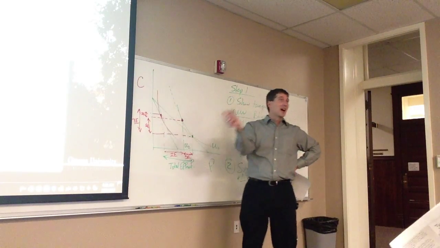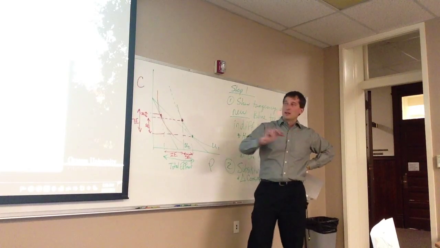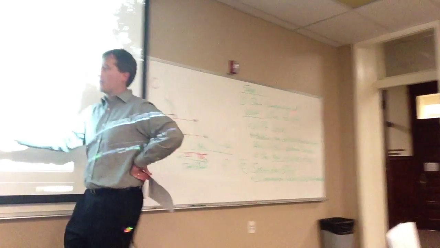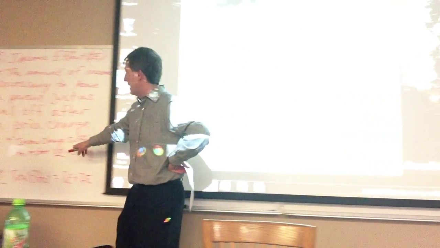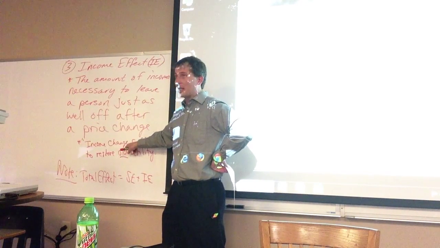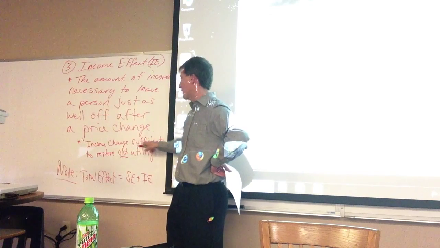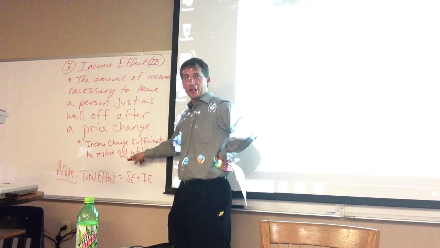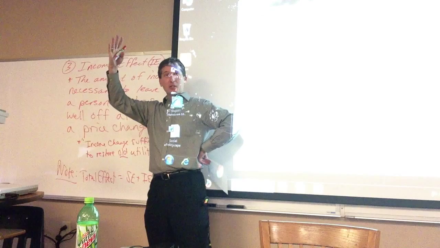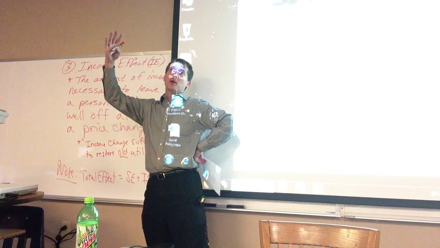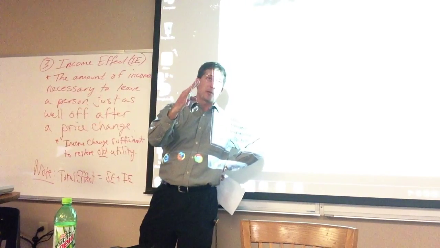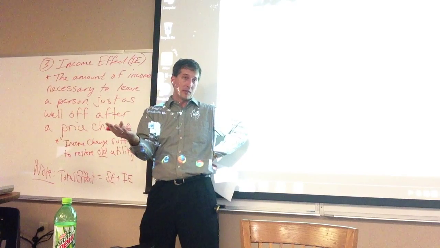So it moves the other direction too. So hang on to these words. You might even want to make a special note. When I say an income change, I didn't say an income increase. An income change sufficient to restore the old utility. If you got made happier because prices went down, we're going to be taking money away from you to bring you back to your old level of utility.